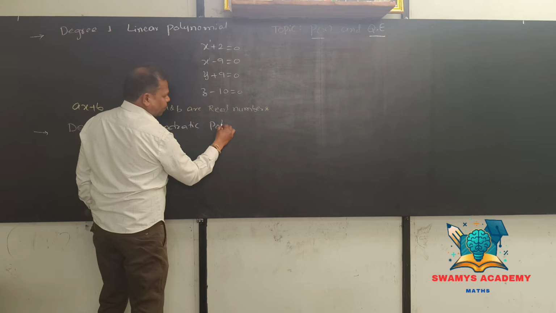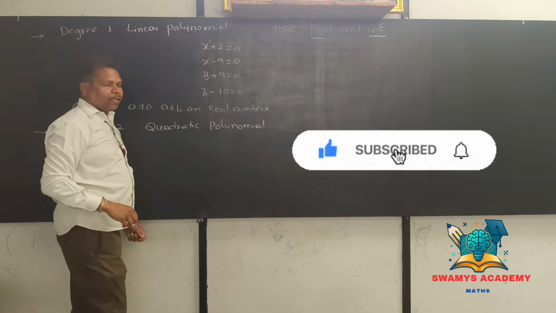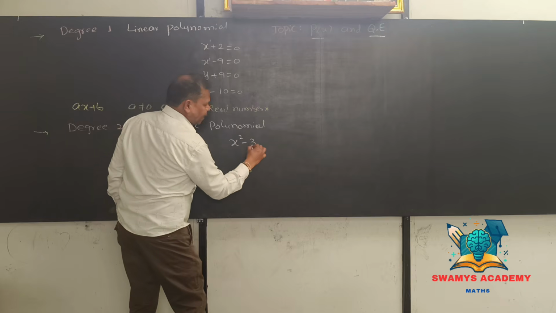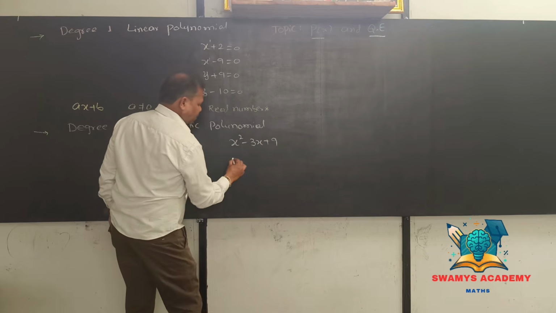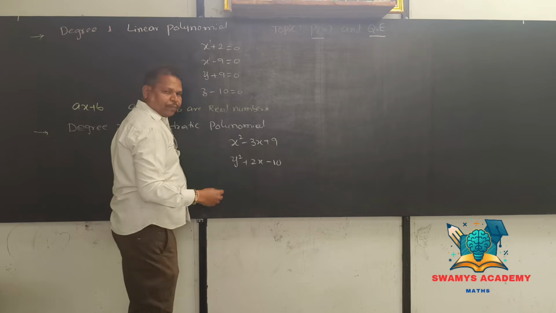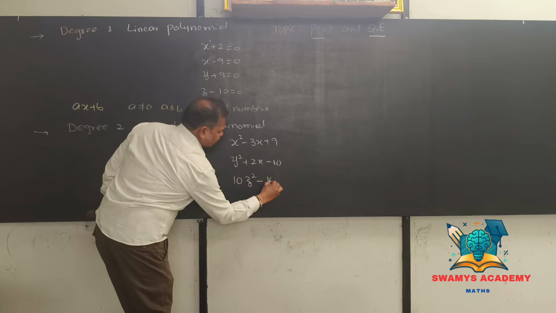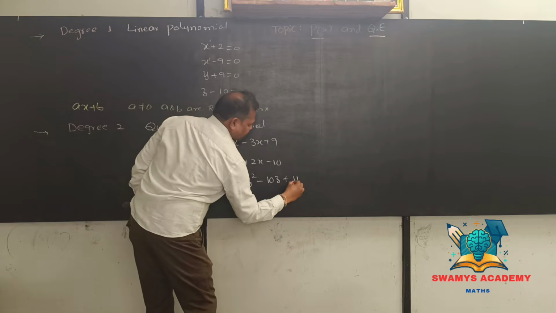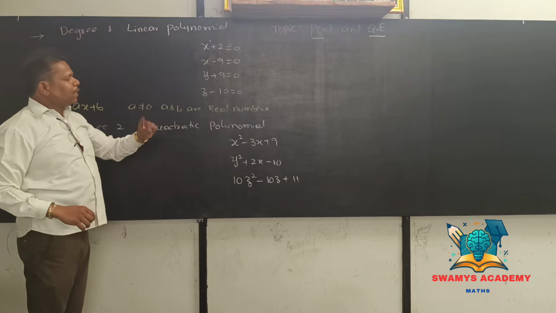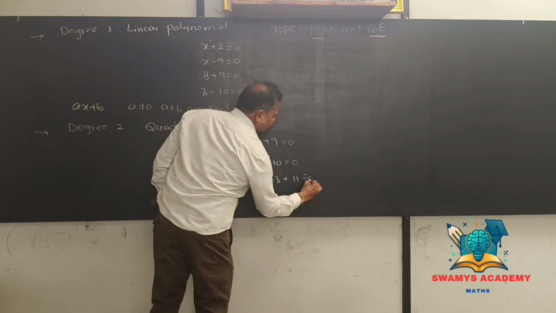Examples for quadratic polynomials: x square minus 3x plus 9, y square plus 2y minus 10, 10z square minus 10z plus 11. These are examples of quadratic polynomials. For a quadratic equation, it is equal to 0.